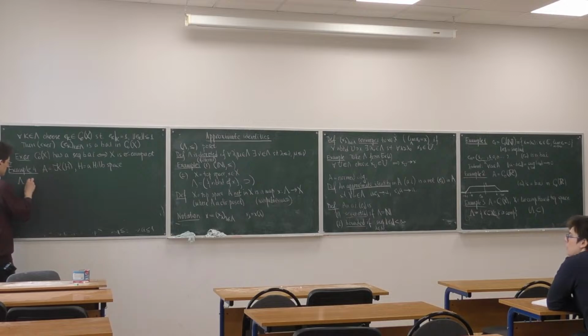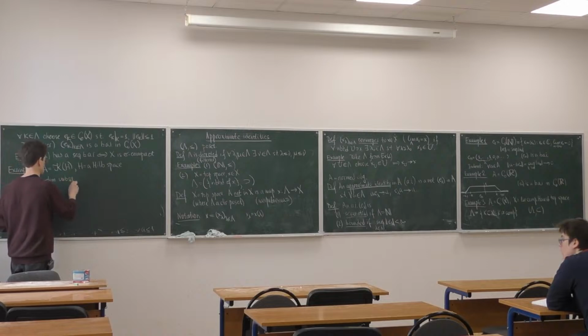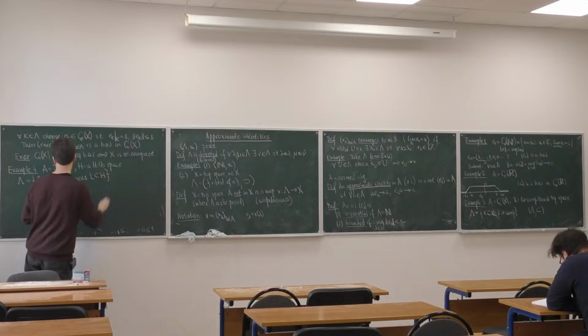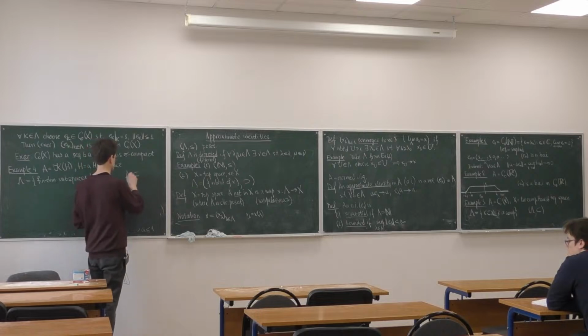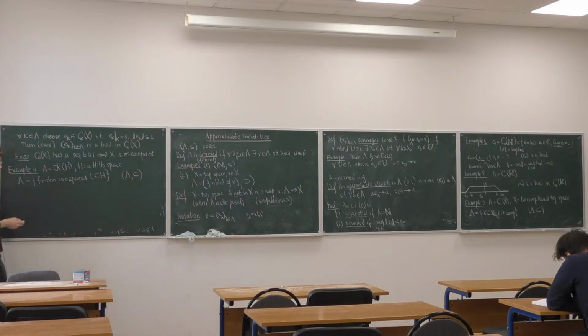We denote by lambda the collection of all finite dimensional vector subspaces L of H. Again, it is a filtered poset for the inclusion. If you have two finite dimensional subspaces, then their algebraic sum is also finite dimensional. So it is filtered. And now we construct an approximate identity for every such subspace L.